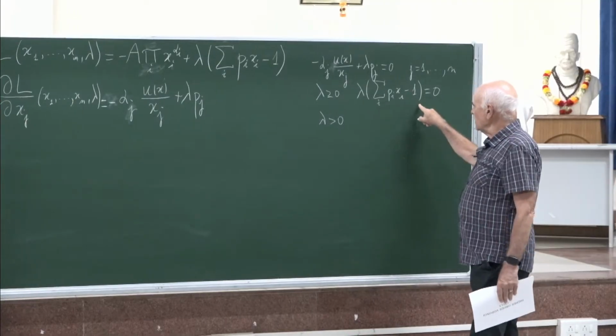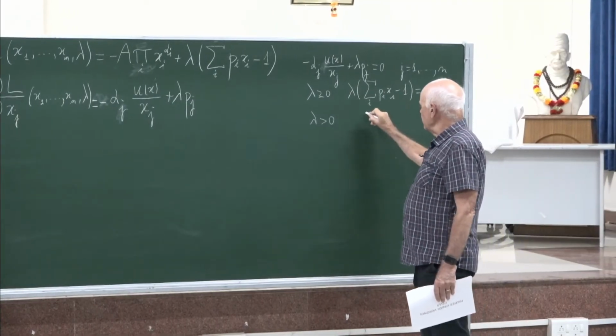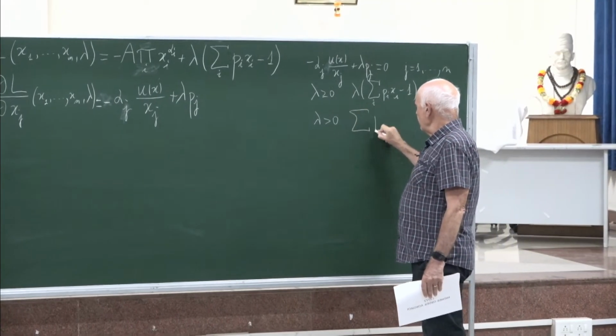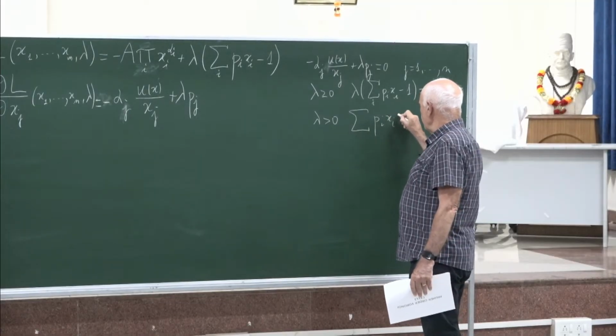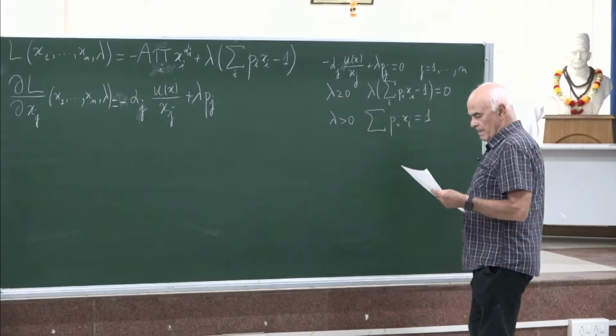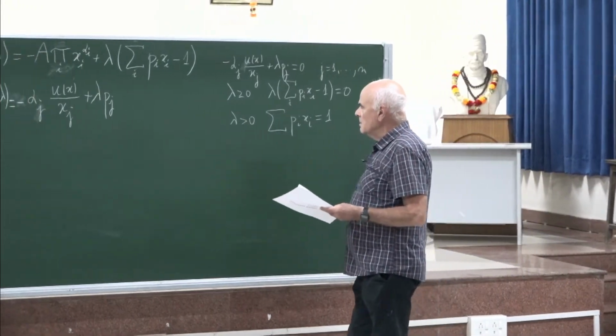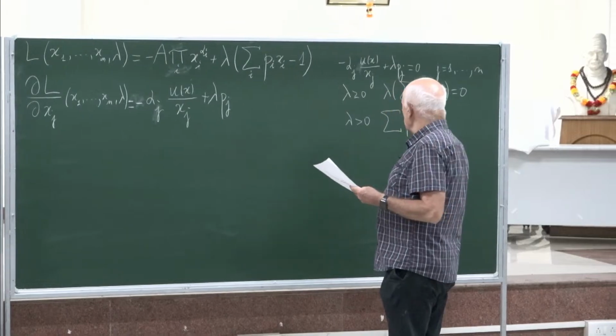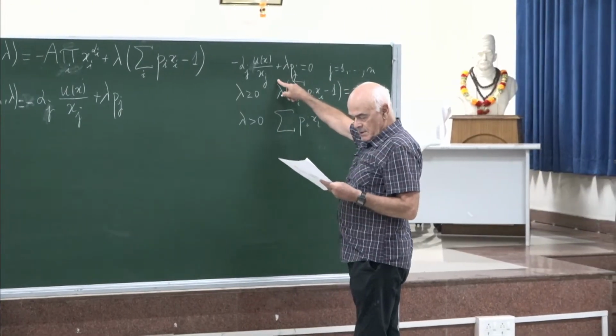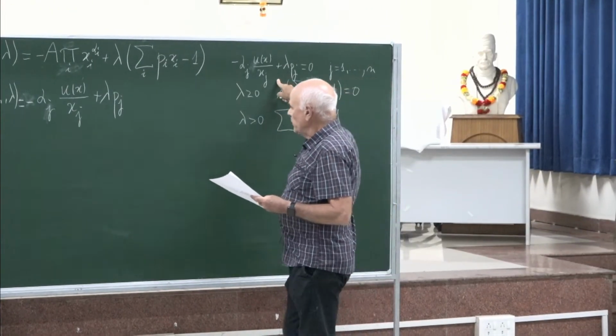This means that the constraint is active. Now from this equation we obtain xj.